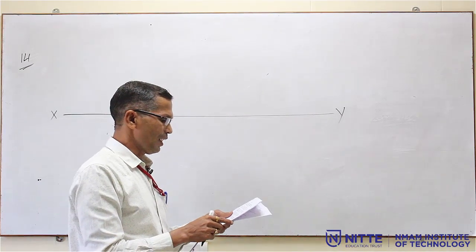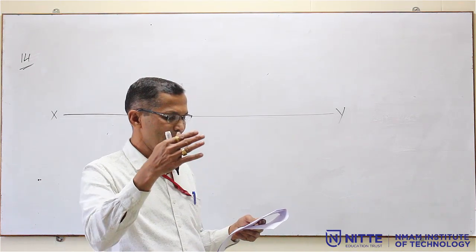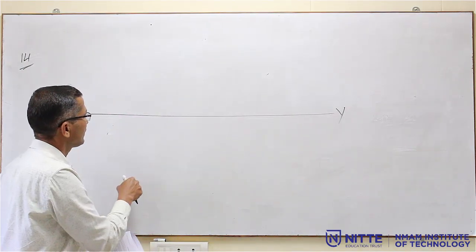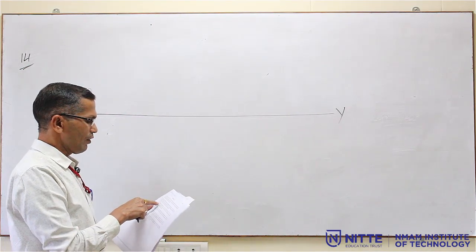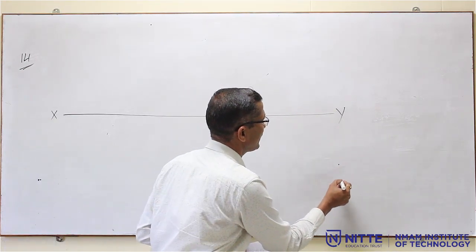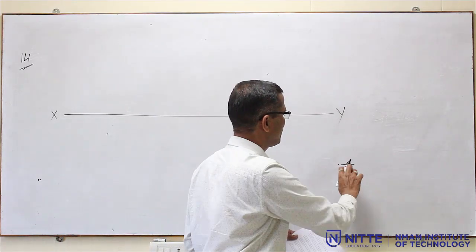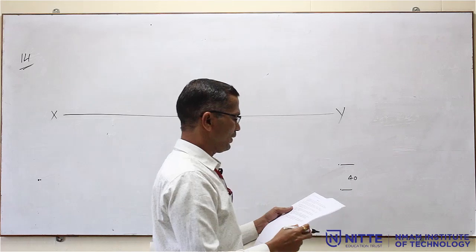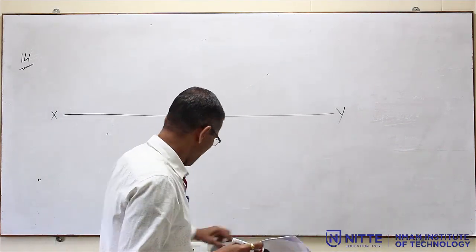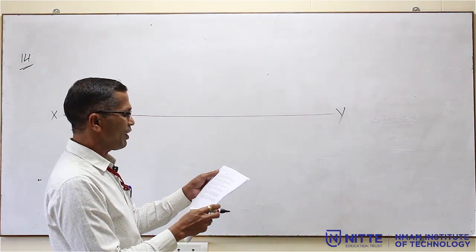Now, here they are mentioning that there are two views which are below the xy line, and if there are 2 points, they told that the difference between the distances, suppose there are 2 points here, then this distance is 40. That means the difference between the distances of the 2 points is 40, and the top view itself is 25 mm below xy line.